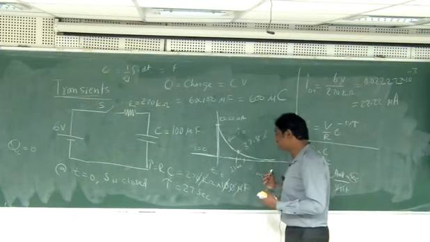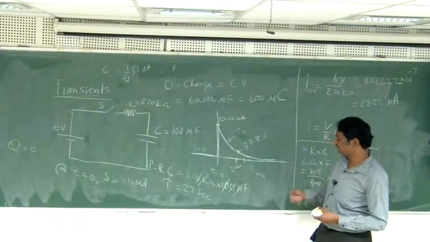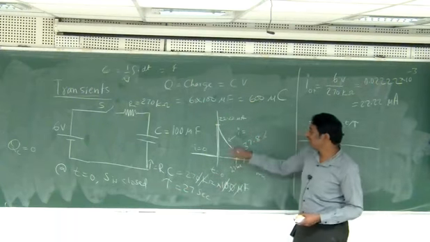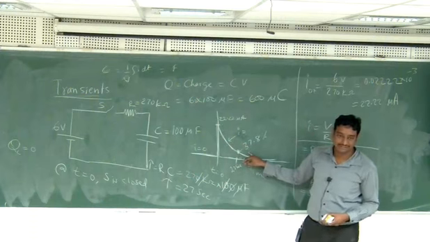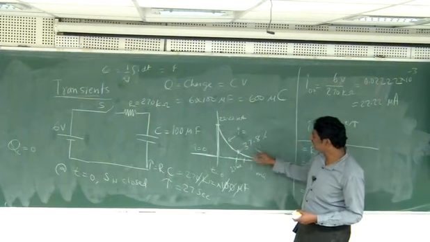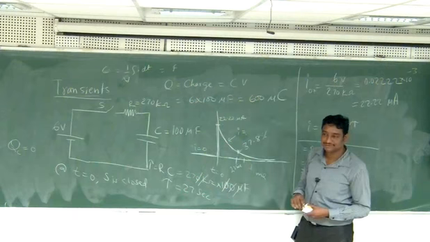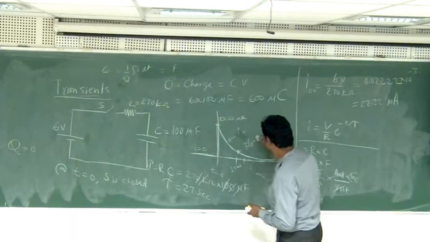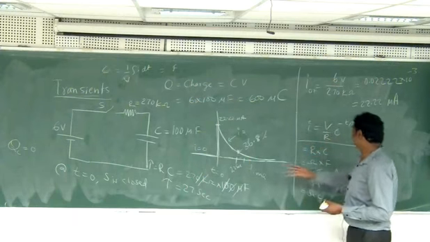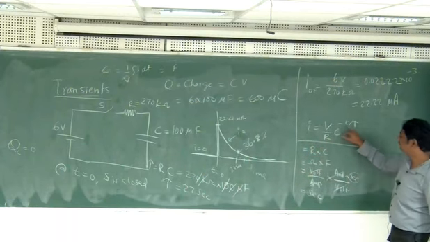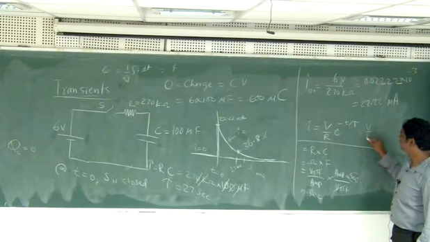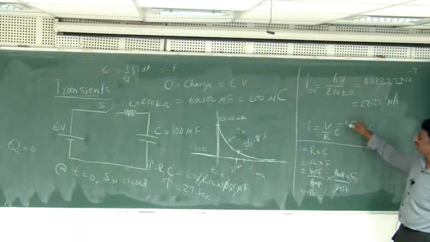So what is the definition of this time constant tau? At 27 seconds, the current will fall to 37.8%. Is this correct? 36.8, sorry. Now, you can also see mathematically that if t equals tau, we get e to the power of minus 1. What is e to the power of minus 1? V by R into e to the power of minus 1 is 1 by e.